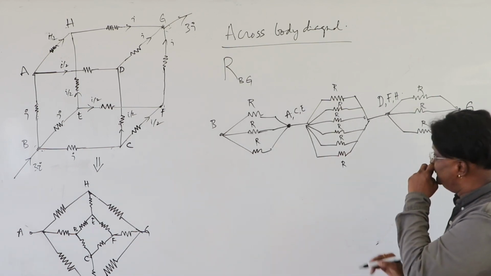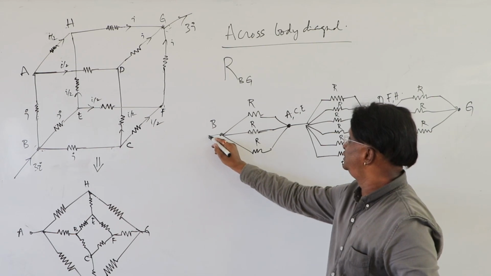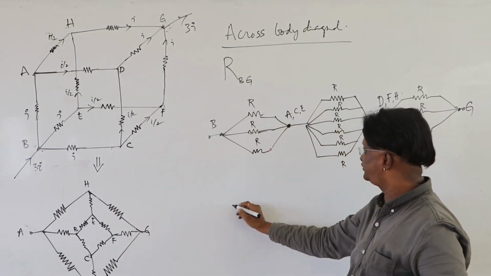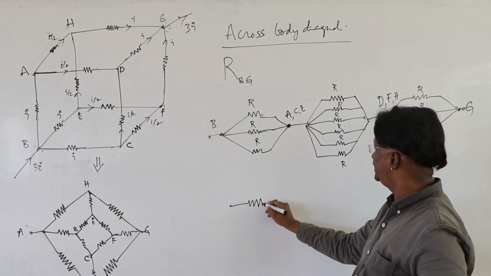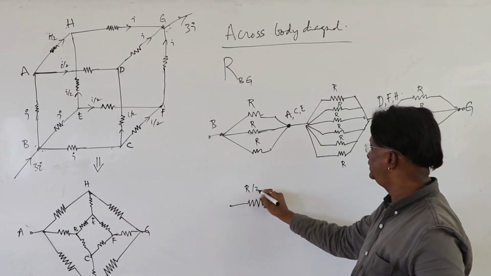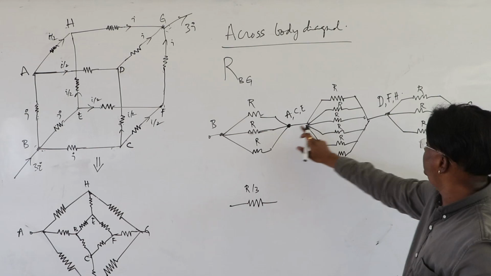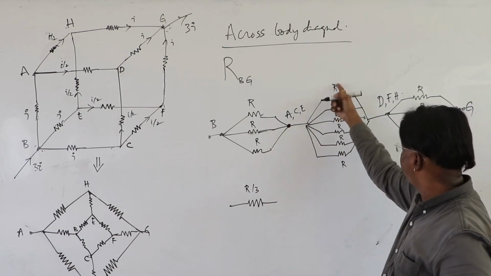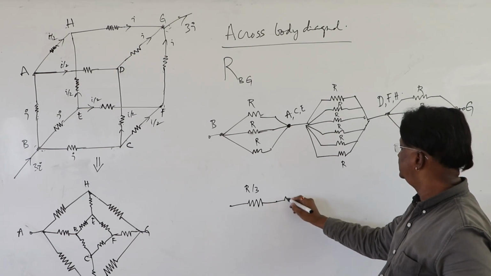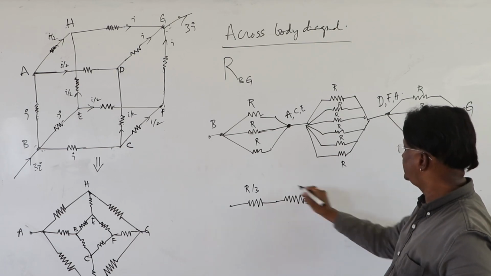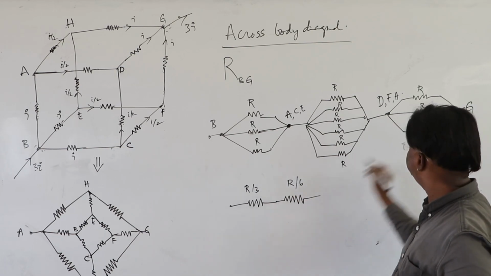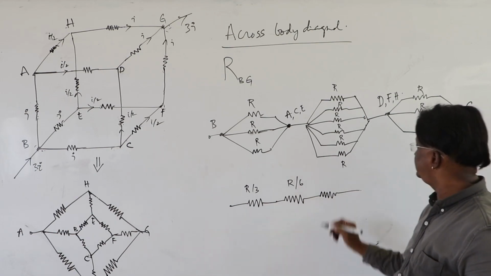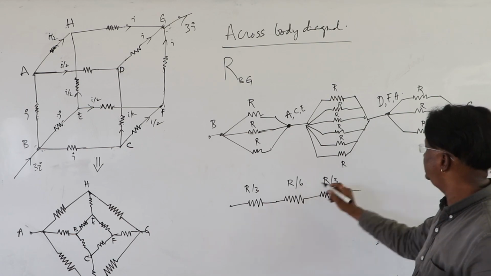Now here you will find a simple answer. Why? Because these are 3 resistors in parallel. It becomes R by 3, and in between these common potential points, it will be 6 resistors in parallel, each of R. Therefore, this becomes R by 6, and also at the other end you have R by 3.